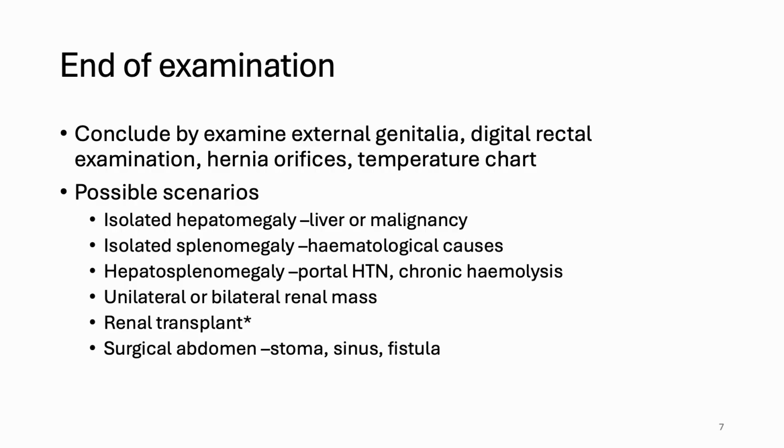There could be a unilateral or bilateral renal mass of adult polycystic kidney disease, and in the undergraduate setting, renal transplant is quite unlikely, and if you get a surgical abdomen, there will be stoma, sinus, and fistula.